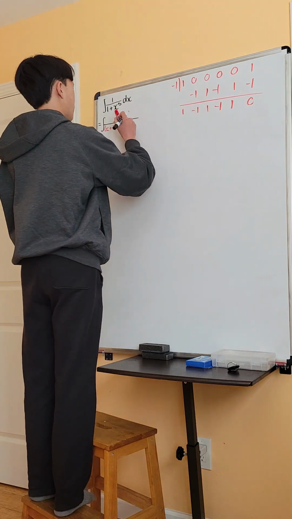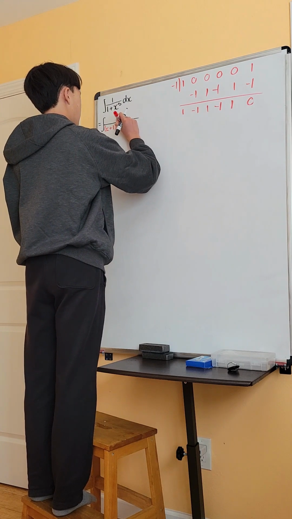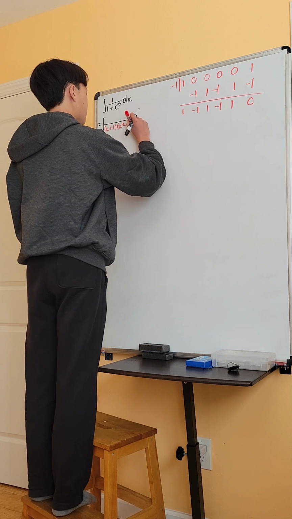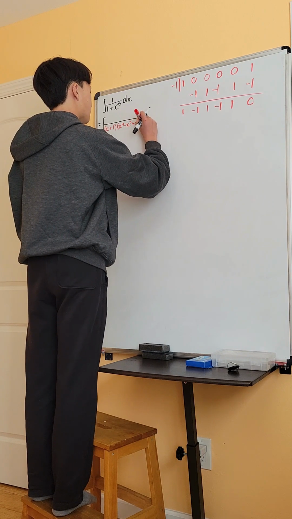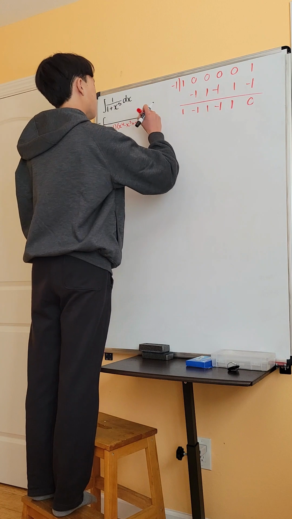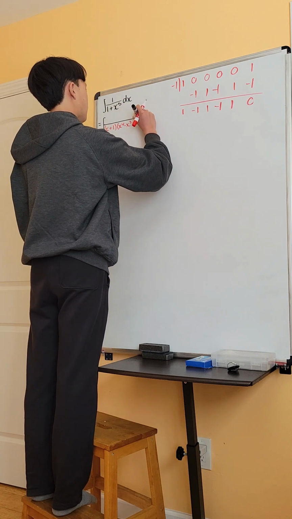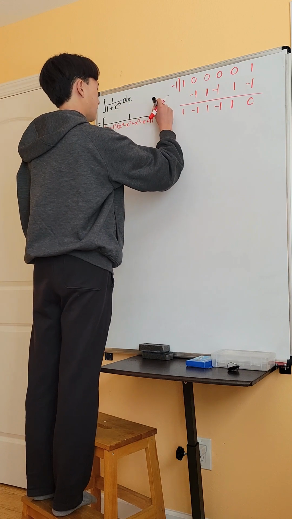So this would be 1 times x to the fourth minus x to the third plus x squared minus x plus just 1. Not so bad so far, but we're not even close to being finished.